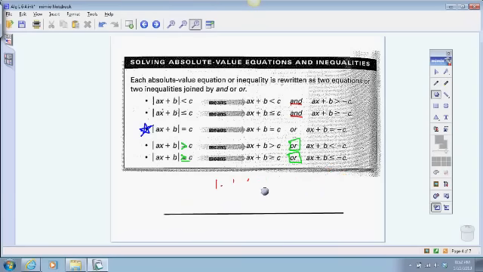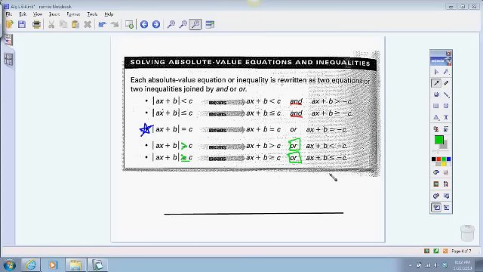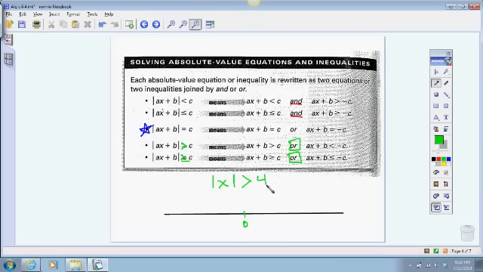So for example, let's say here was 0, and we had the absolute value of x is greater than 4. Well, that means the distance from 0 is greater than 4. So if this is 4, our distance from 0 has to be greater than 4. It has to be 5 or 6 or 7 or so on.